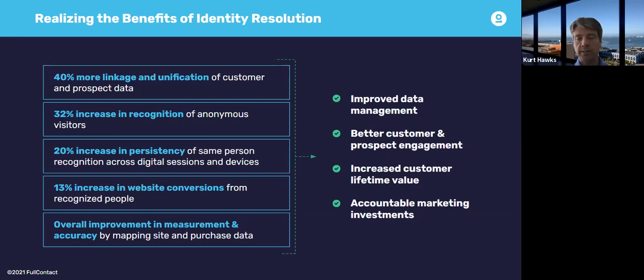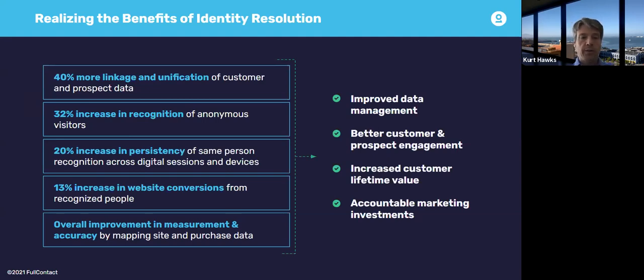Think about the impact of all of these things, right? Better resolution of customer identifiers to real people, better recognition of anonymous website visitors and more persistency of that recognition, to be able to provide tailored experiences and treat a customer like a customer or a prospect like a prospect, we're seeing it drive about a 13% increase in website conversion from those recognized people.